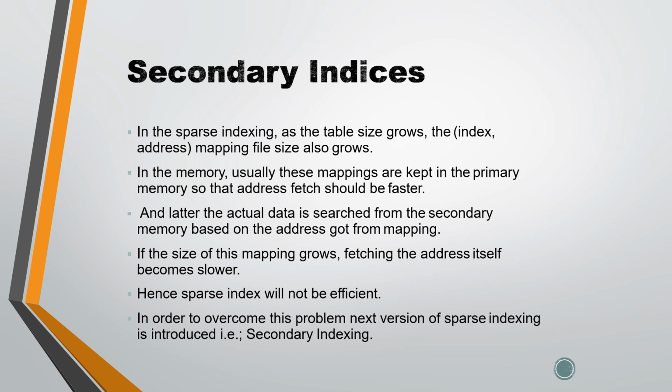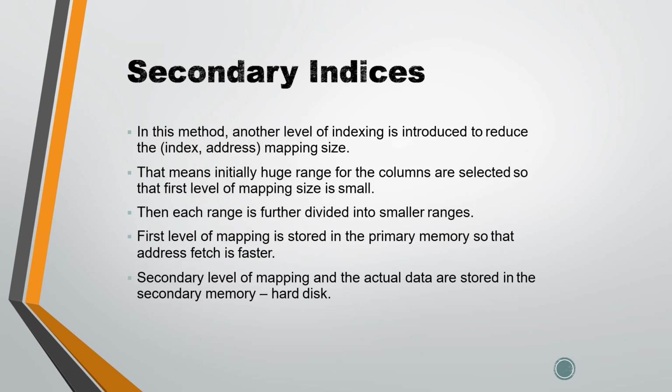In order to overcome this problem, the next version of sparse indexing is introduced, that is secondary indexing. In this method, another level of indexing is introduced to reduce the mapping size.